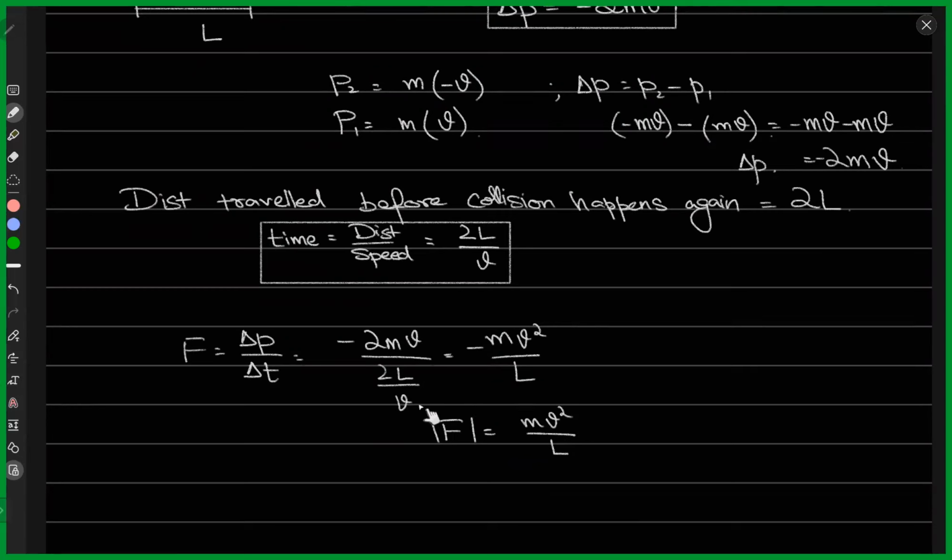All right, Sir, so that's impulse, the formula of impulse is change in momentum by time. Yes, impulse is also similar to force. All right. Okay, so is this thing clear?